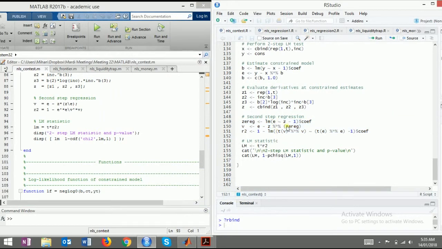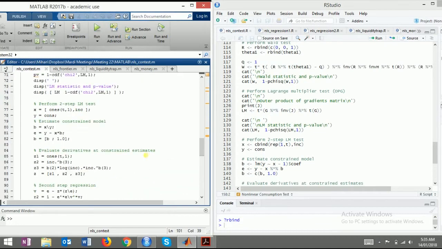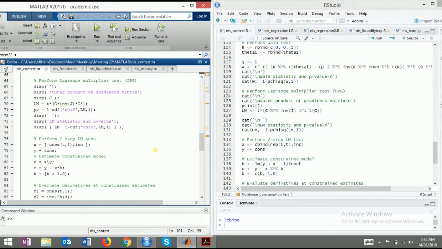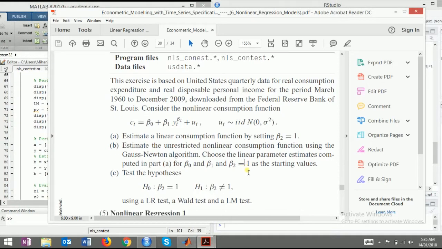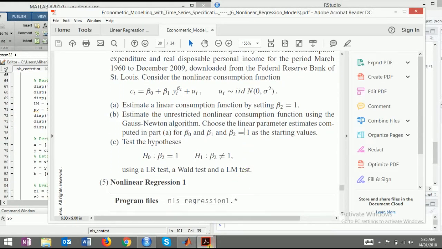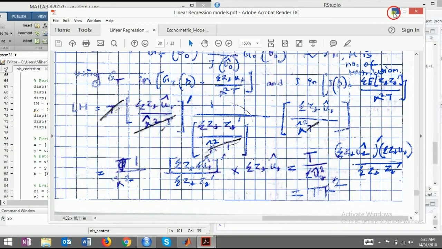Here we are just doing 2 regressions. That's all. We generally don't need to do a 2-step LM statistics because this problem wanted us to do that. That's why we're doing it. Now the next problem.